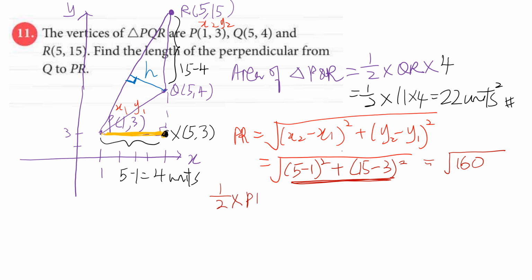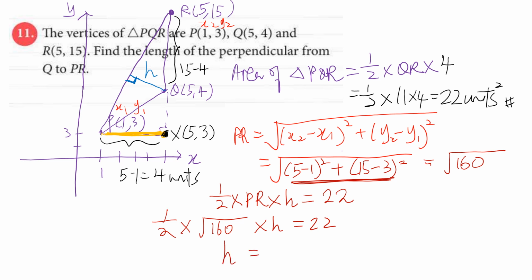Half times PR times H gives you the area of the triangle, which I found earlier to be 22. So half times PR, which is square root 160, times height gives you 22. So height will be 22 divided by half times square root 160. And you can just use a calculator to work that out.